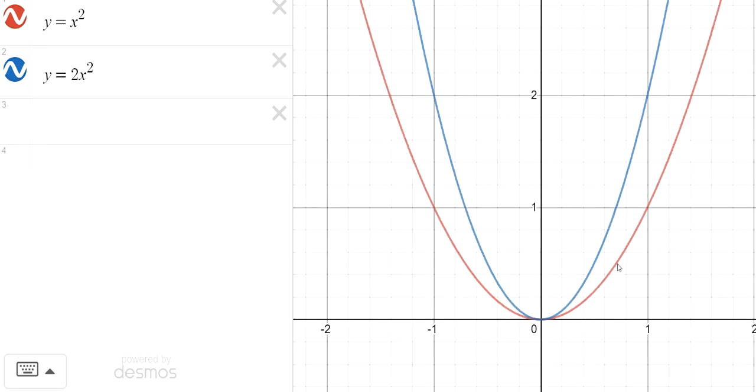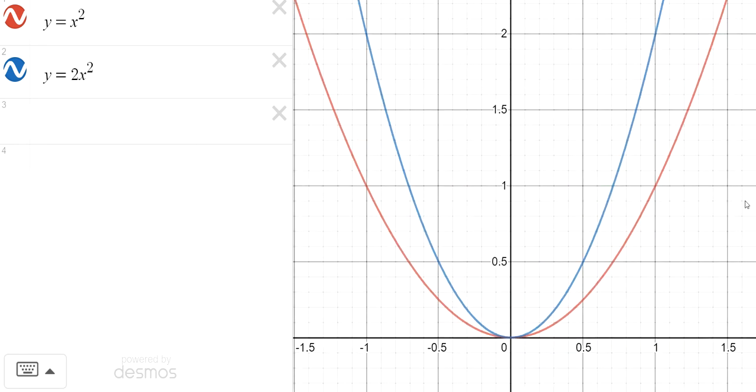Let us consider when x equals 1. Just consider when x equals 1, for the red graph, y equals x squared. When x equals 1, what is the value of y? 1 times 1 is? 1. So for red color, we get 1, isn't it?